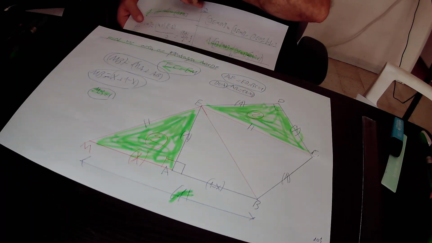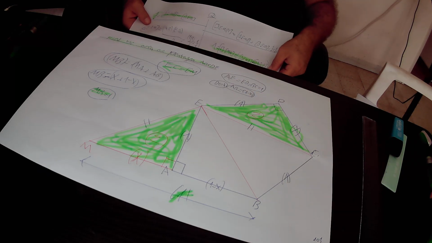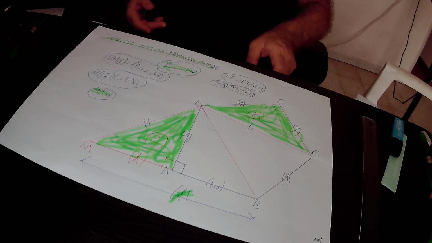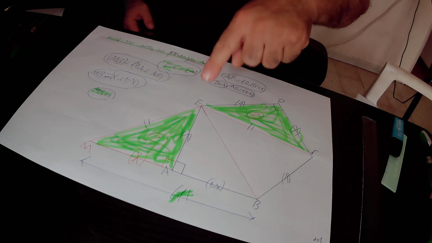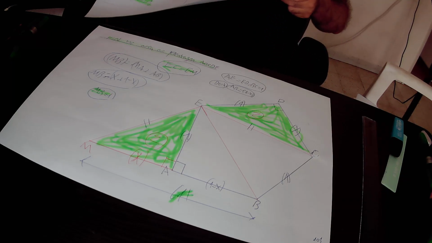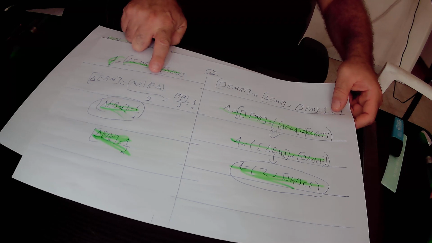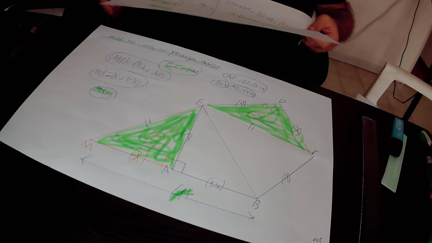In the next step, we calculate the area of this triangle MEB. The area of any triangle equals the base of the triangle times the height over 2. Therefore, the area of this triangle MEB must be equal to the base MB times the height AE over 2. MB is 1, AE is also 1.